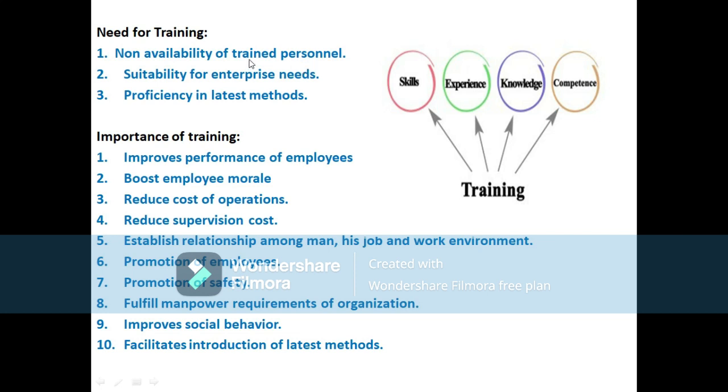Some jobs need specific skills and specific knowledge, so according to that, training should also be given. Even if a worker is otherwise well trained for the job assigned to him, he needs to be given some special training, consistent with the specialized job requirements of the enterprise.